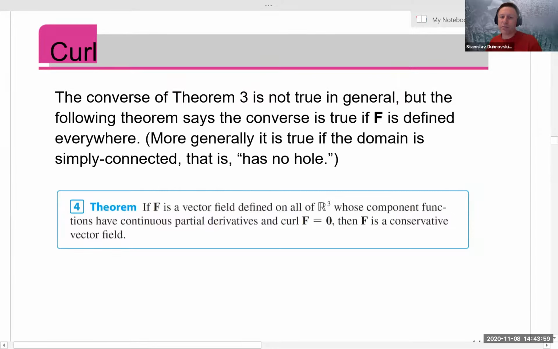If your domain is simply connected, doesn't have any holes, and any 2 points have a path connecting the two, then you can answer this question in the positive. In other words, if the curl is equal to 0, then the vector field is necessarily conservative. You can start looking for that gradient.